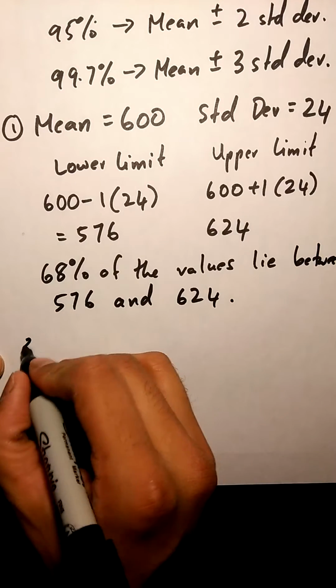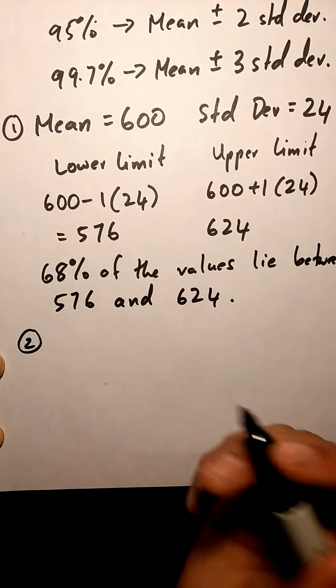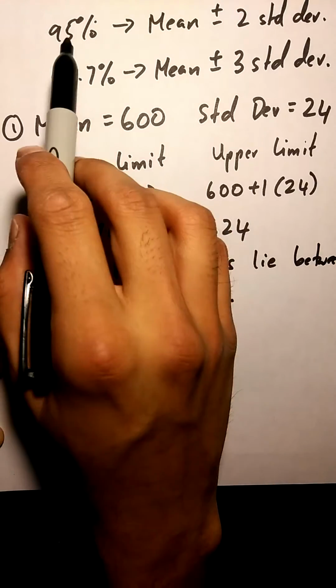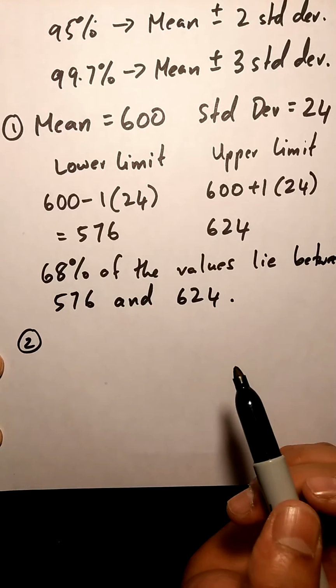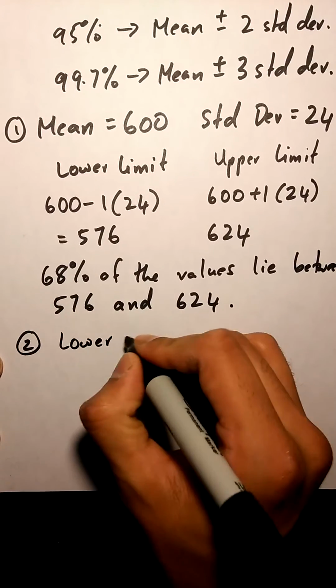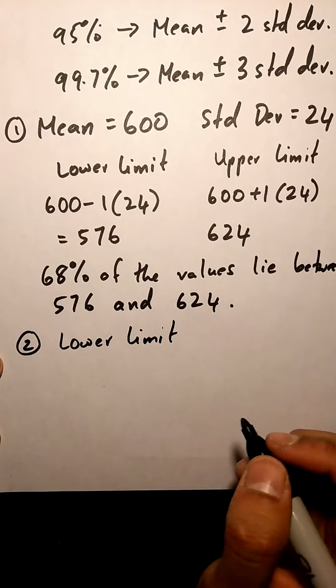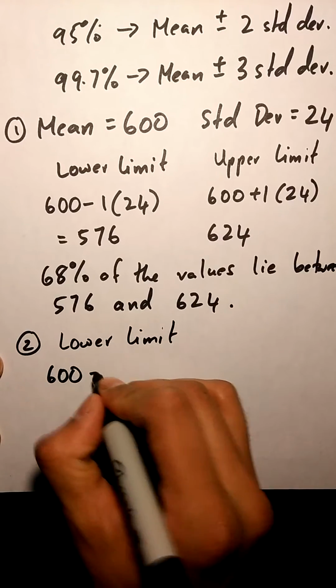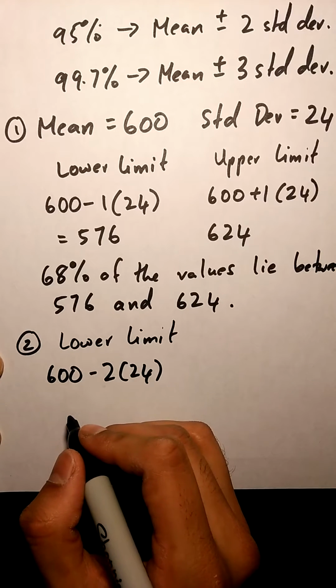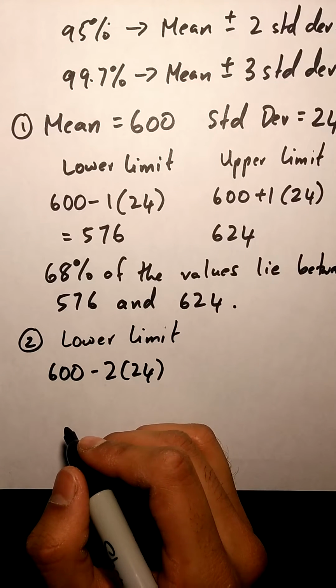Okay, similarly, if they asked us about 95% of the values lie between what two amounts, again, we know 95% corresponds to our mean plus or minus 2 standard deviations. Our lower limit is going to be 600 minus 2 standard deviations, which is going to give us 552.